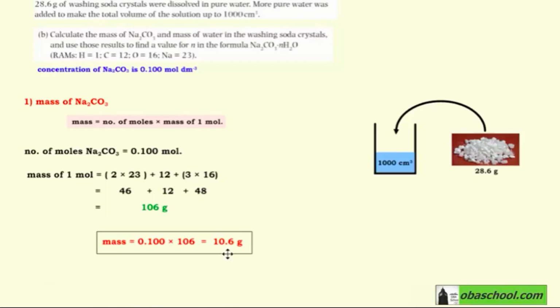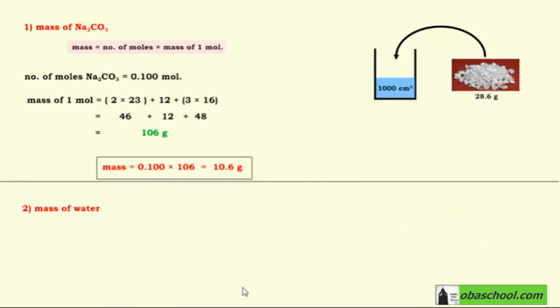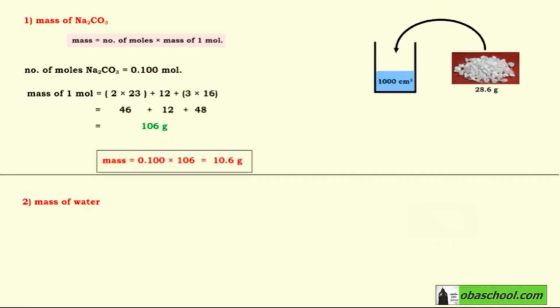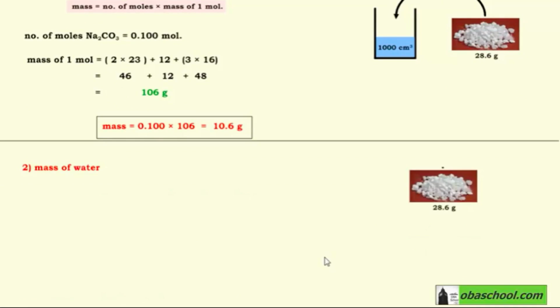Next, we need to find the mass of water. So I have 28.6 grams of crystals. I already calculated that 10.6 grams of these crystals are sodium carbonate. The rest are water, since the 28.6 grams contains sodium carbonate and water. If I know that 10.6 grams of these are sodium carbonate, the mass left is for water.